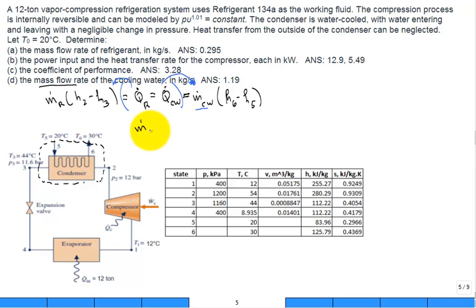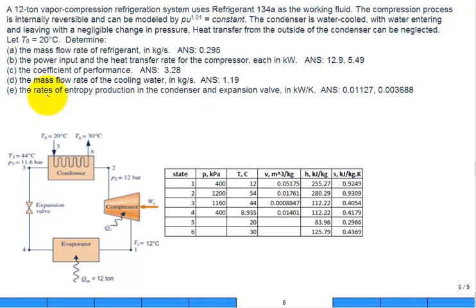So the mass flow rate of the cooling water is the mass flow rate of the refrigerant times H2 minus H3 divided by H6 minus H5. And luckily they gave us the H5 and 6 right here, as well as all the refrigerant enthalpies. So you calculate the mass flow rate to be 1.19 for the cooling water flow rate. All right, so let's continue on.